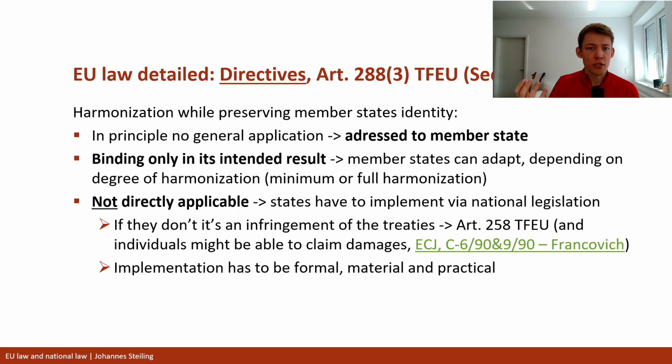And one of those criteria is that the state has not implemented the directive, and then you can actually get damages from the state for the failure to implement. But again, this doesn't force the state to implement.